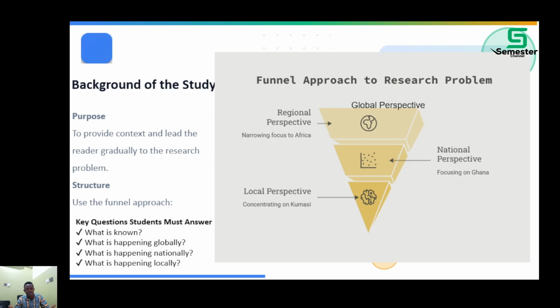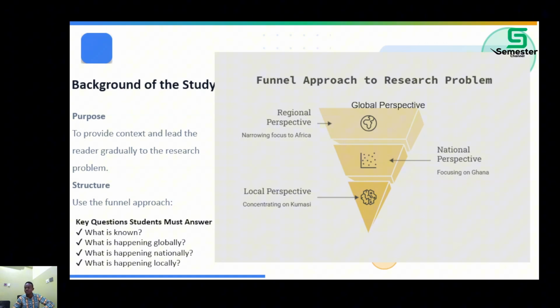Let me use malaria, which most people would appreciate. What are the global estimates of malaria burden? You put them down in words and cite appropriately to avoid plagiarism. Then, following the funnel approach, we move on to the regional perspective.